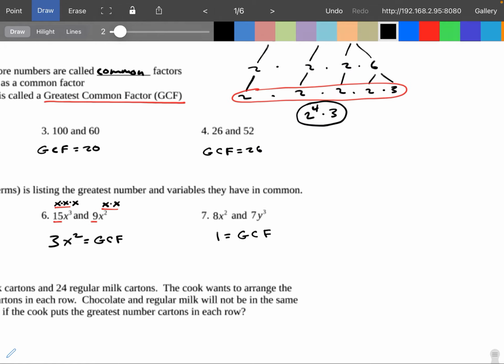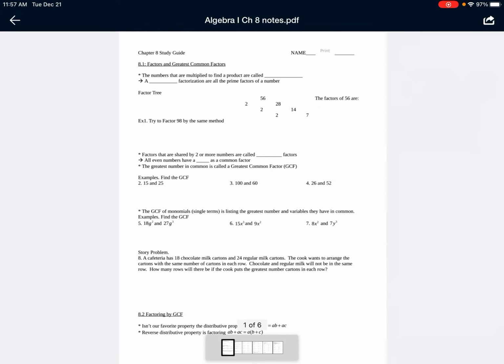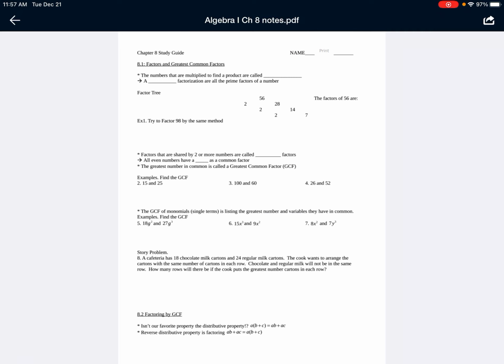All right, and then we just got this little word problem here to do, and we're done. Well, I just messed something up. I don't know what I just did. I just lost everything I wrote.